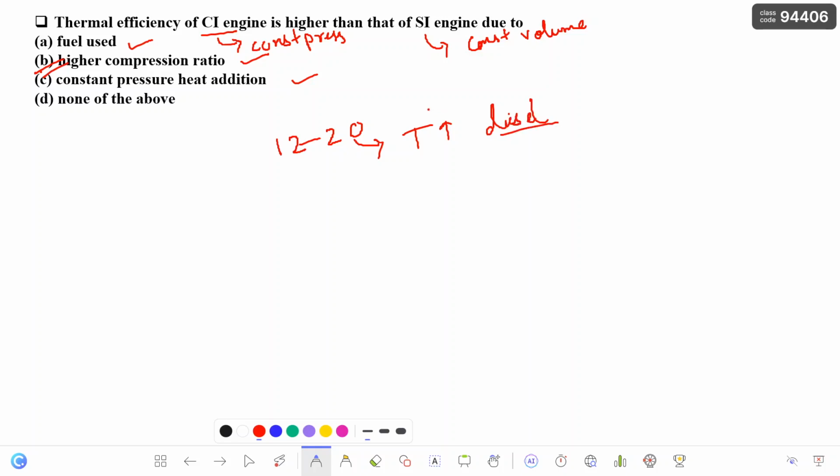And once the compression ratio is higher, in the thermal efficiency formula, which you will be studying very soon, 1 minus 1 by r_c to the power gamma minus 1, you will see that for the same amount of power, the higher compression ratio of CI engines gives higher thermal efficiency.